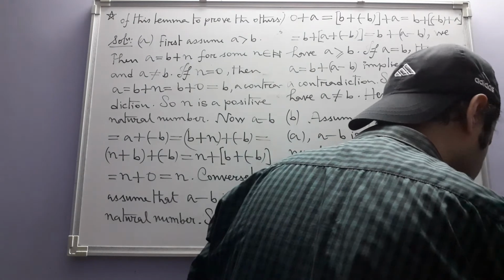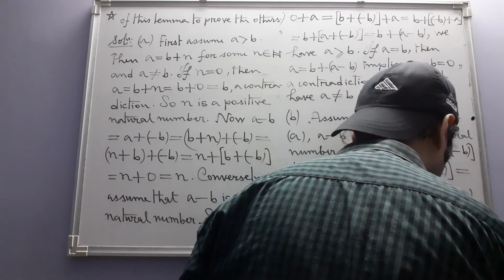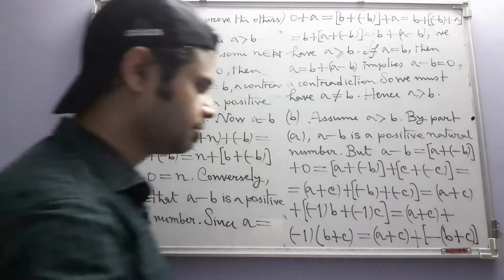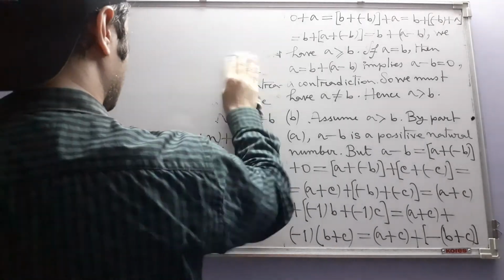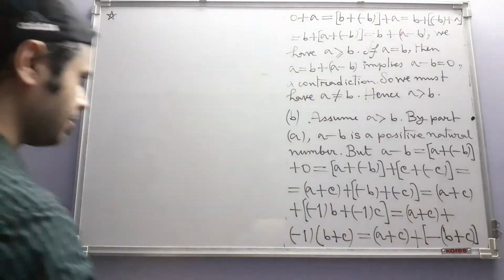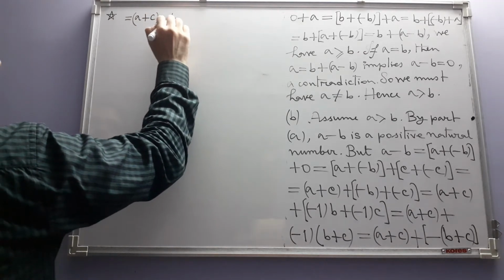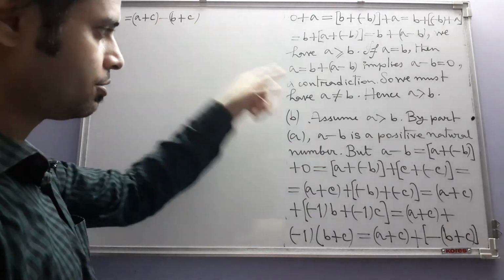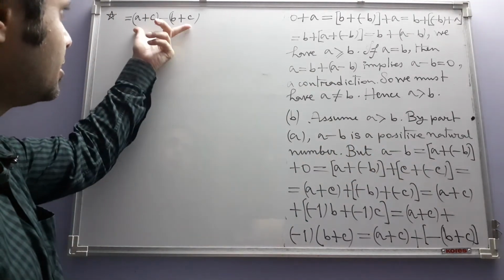In fact, to be more specific and so that there is no room for confusion, this is actually minus of b plus c. In writing this, we are again using exercise 3. And now we can write this as a plus c minus b plus c. So this thing has turned out to be nothing but a minus b, which is a positive natural number.